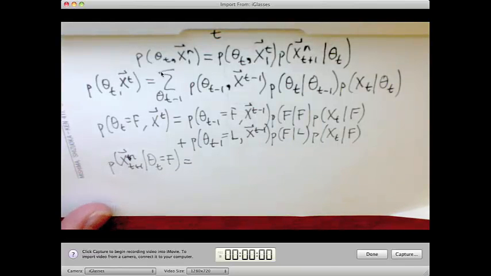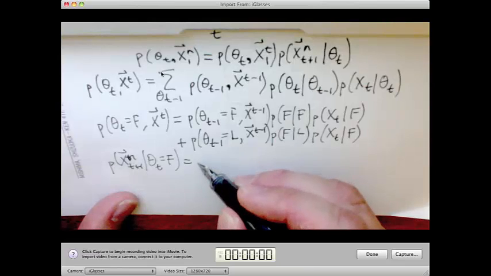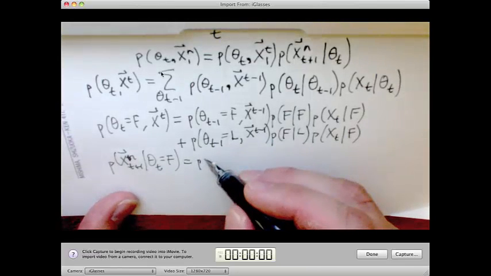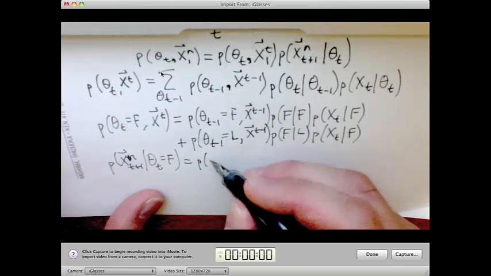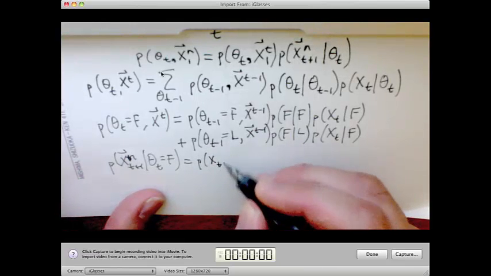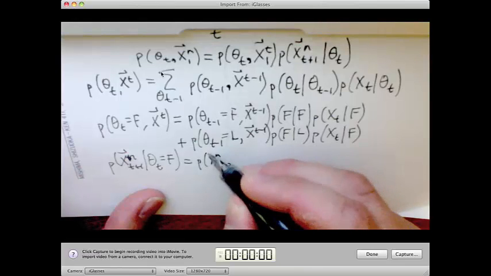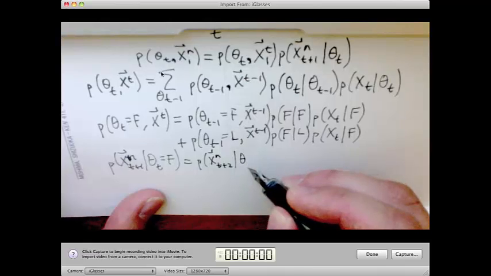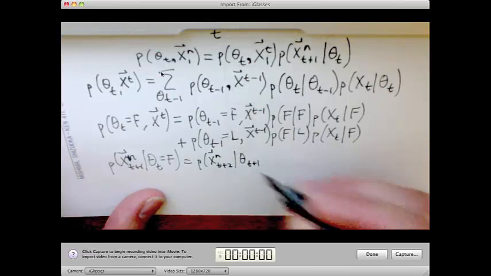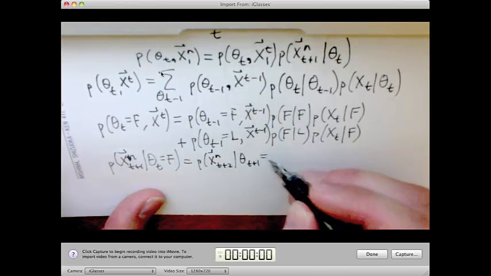I will write this again in the same form. I'll just shift it one over to the right. So P of x t plus 2 to n given theta t plus 1 to be, let's say, fair.